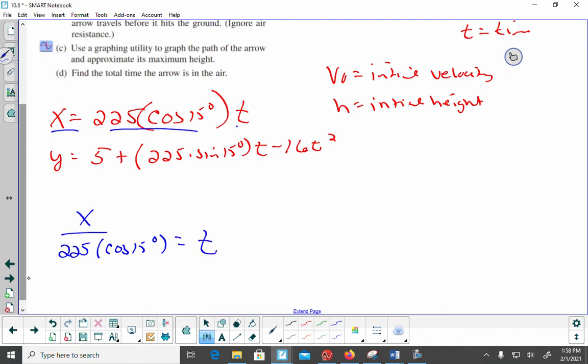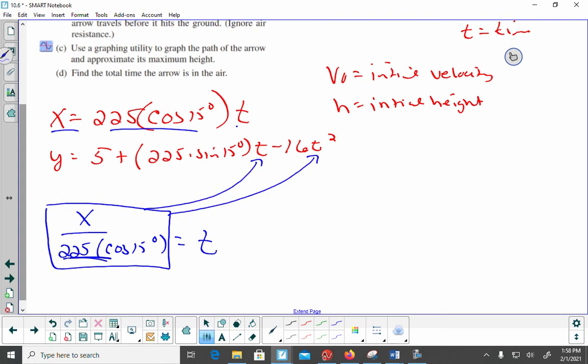That was simple. And I can actually even find this decimal if I wanted to, because this is going to be a decimal of some sort. I don't know what it is. I didn't bother finding it. I am going to take this, and every place I see that, I am going to stick it in for t. Now, I could do this the hard way or the easy way.